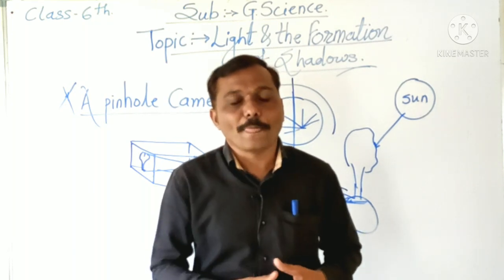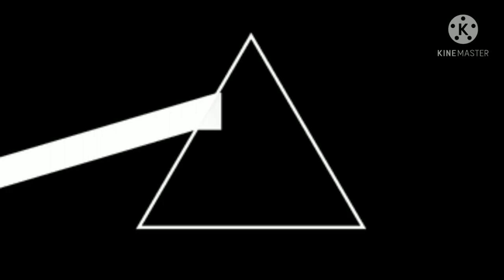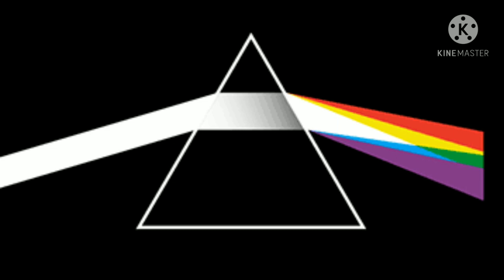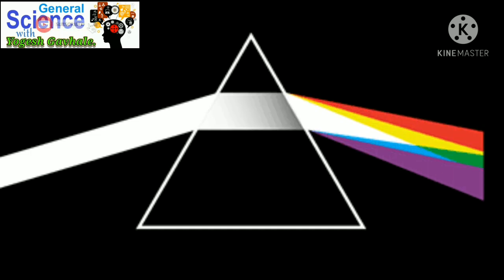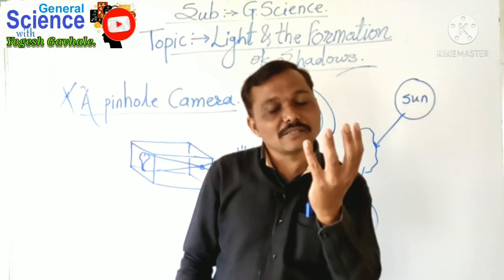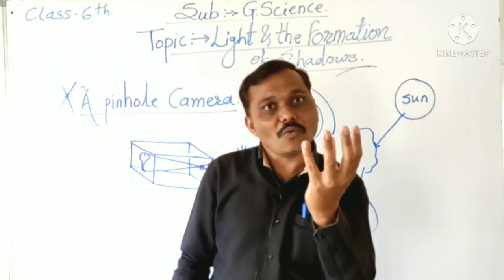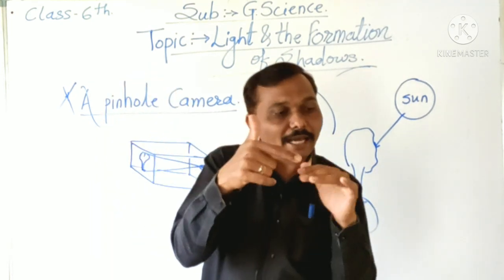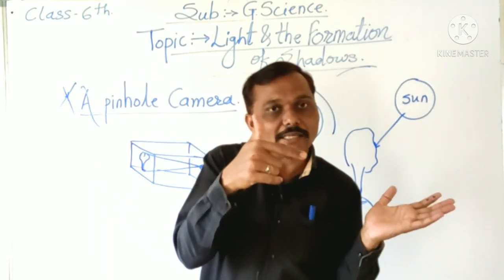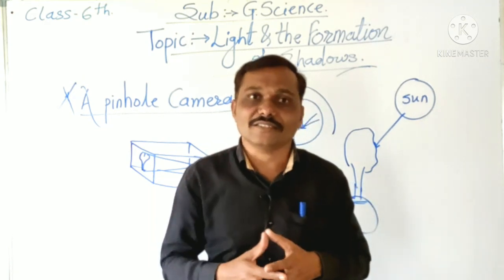Look at this clip. The light passes through the prism, and after passing through the prism, it changes into different colors. So that is the scattering of light. You must have seen that most of the time the light passes through a glass which is filled with water, and behind the glass we see different colors.